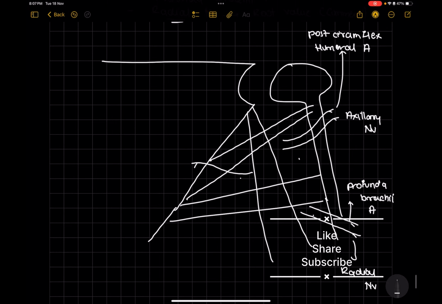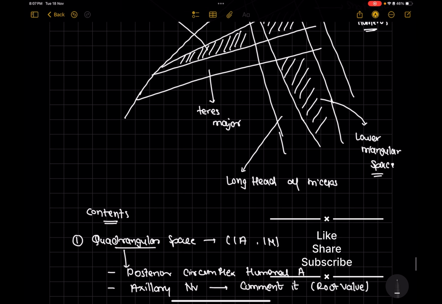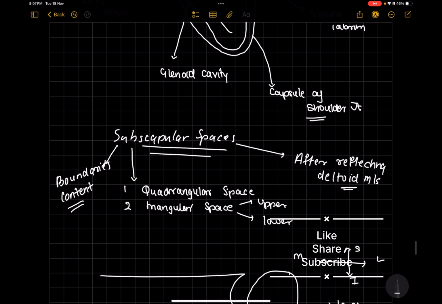So this was all about it. We went through the spaces, that was your subscapular spaces or your intermuscular spaces. Some might refer to this as scapulohumeral spaces too.